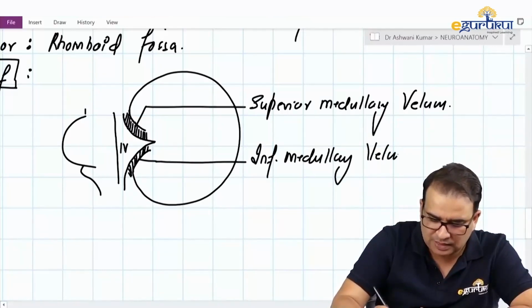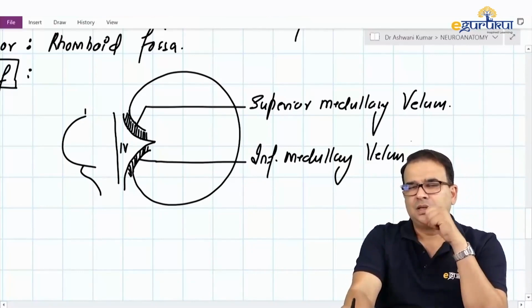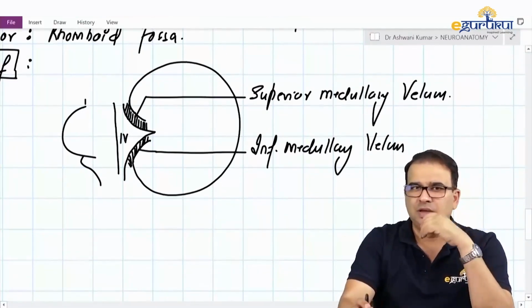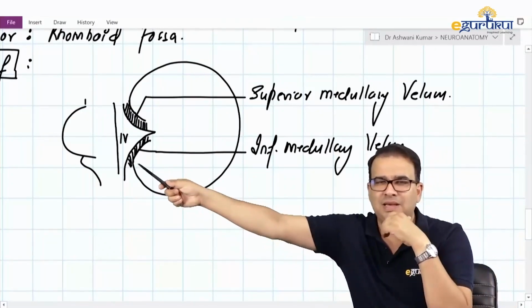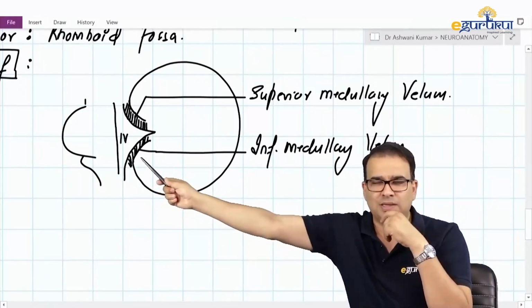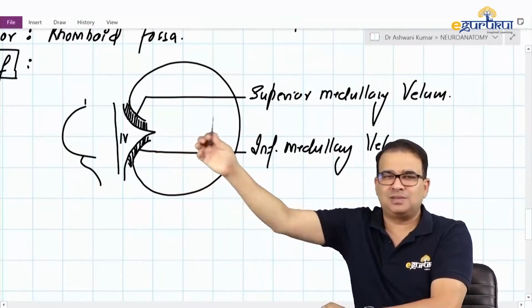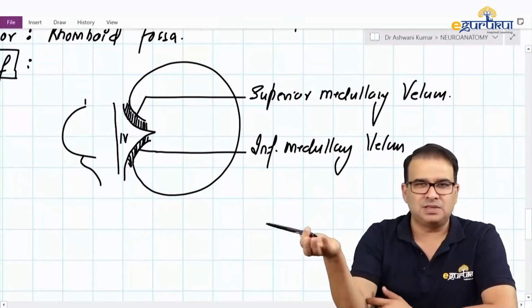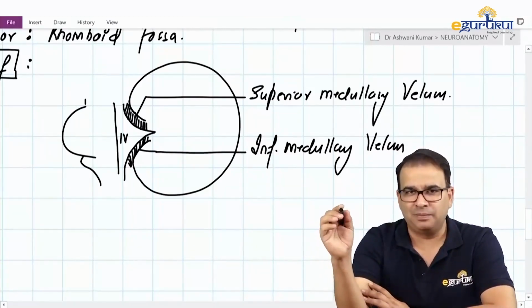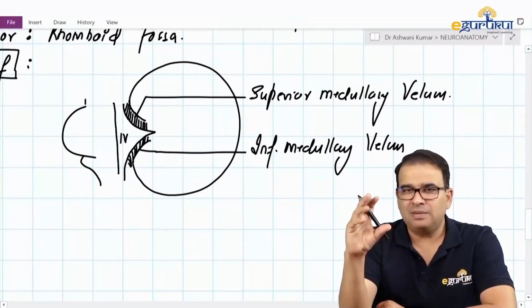Guys, out of the superior and inferior medullary velum, the superior medullary velum is a misnomer. Calling the inferior medullary velum makes sense because it is behind the medulla oblongata, more or less. But the superior medullary velum is present behind the pons, so that is not medullary. It's a misnomer only, but we call them medullary velum. The superior medullary velum is a nervous structure.